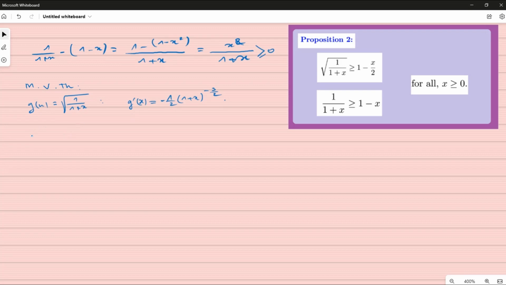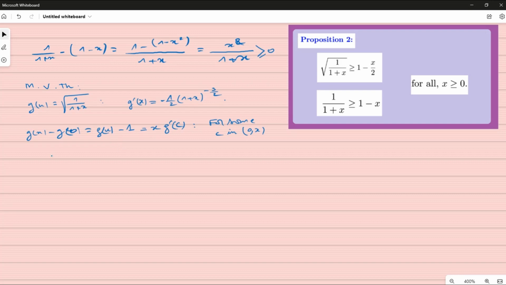If we apply the mean value theorem, we have g of x minus g of 0, where g of 0 equals 1, and it is equal to this, for some c in the open interval 0 x.